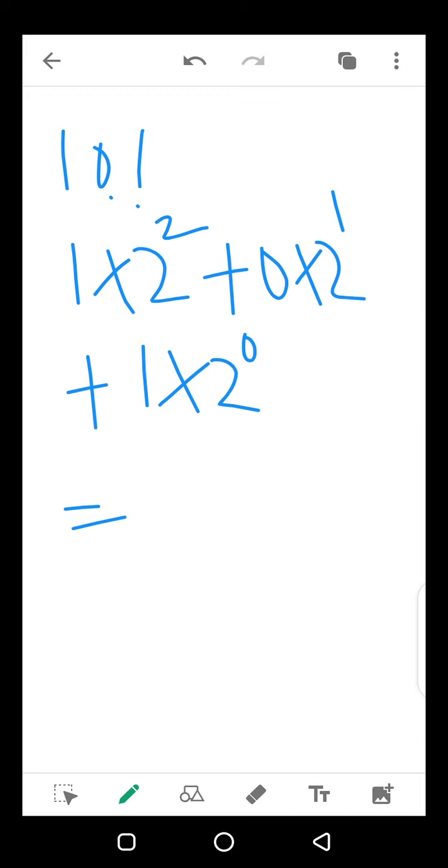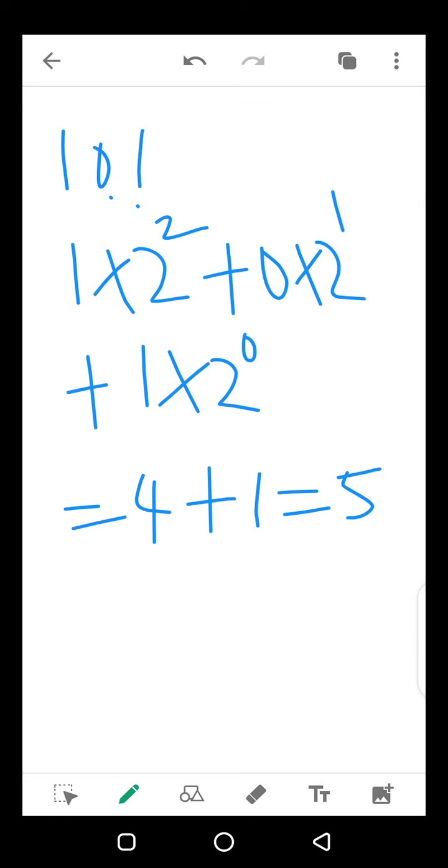This is equal to 2 raised to power 2 is 4. 4 times 1 is 4. Plus this one is 0. Anything times 0 is 0. Then the third one, 2 raised to power 0 is 1. Anything raised to power 0 is 1. 1 times 1 is 1. So 4 plus 1 is equal to 5.